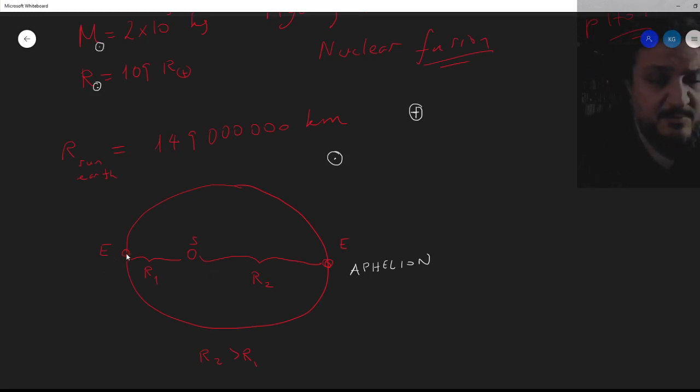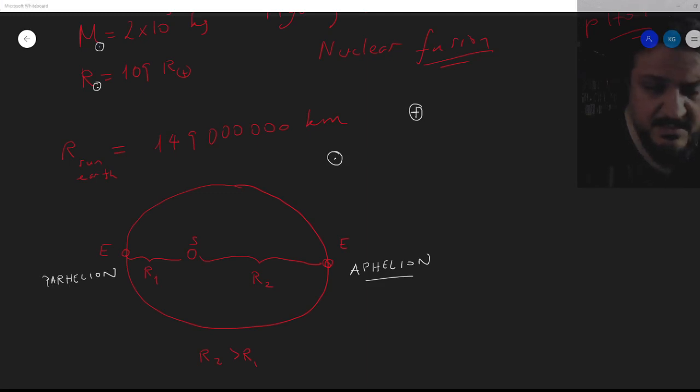And the time when Earth is closest to the sun is called, this is aphelion, perihelion. I forget what it's called. Let me pause it for a second. Perihelion, I guess, yeah. I'll double check it.